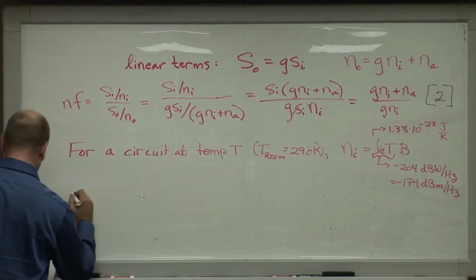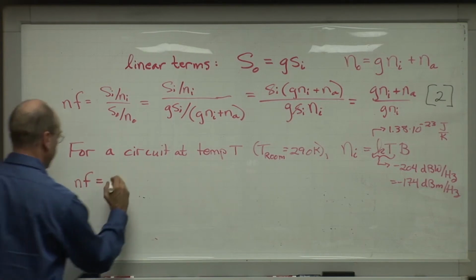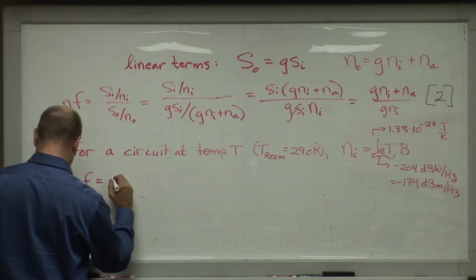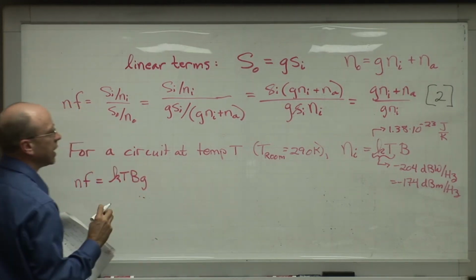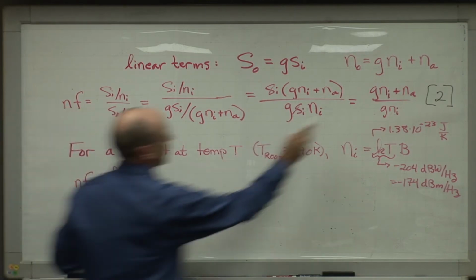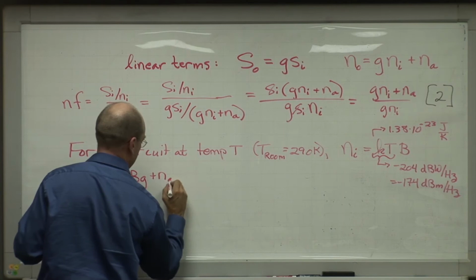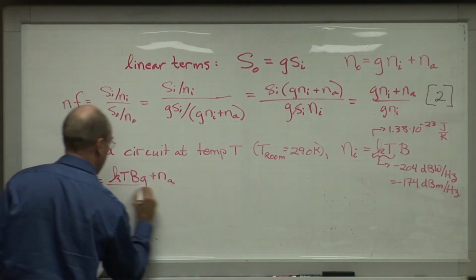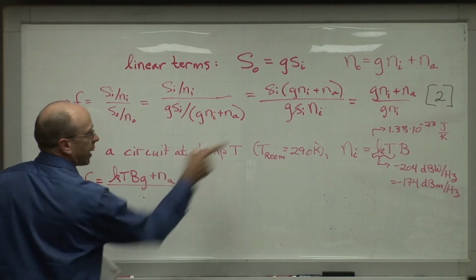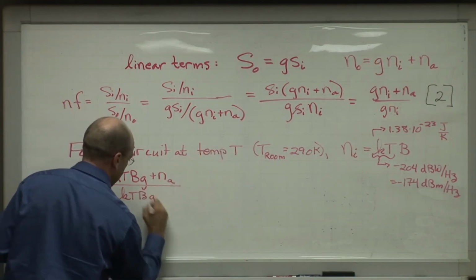So noise factor now is equal to kTBG, we've got the N_I, kTB, times G, plus N_A, divided by G N_I, which again is kTBG.